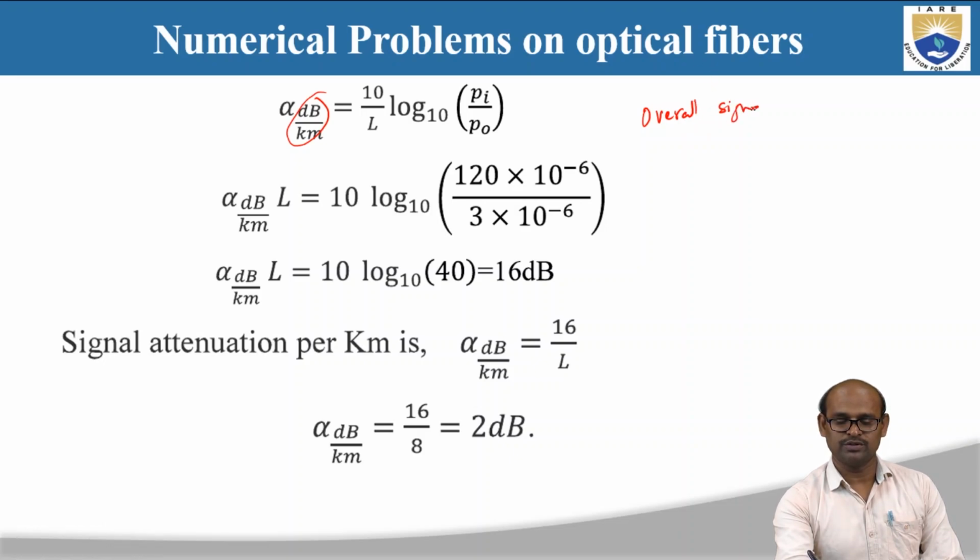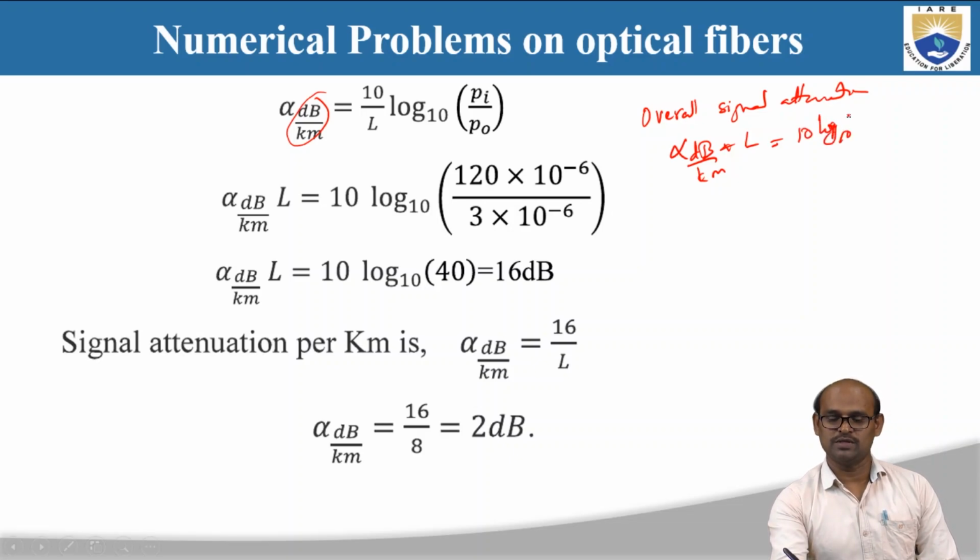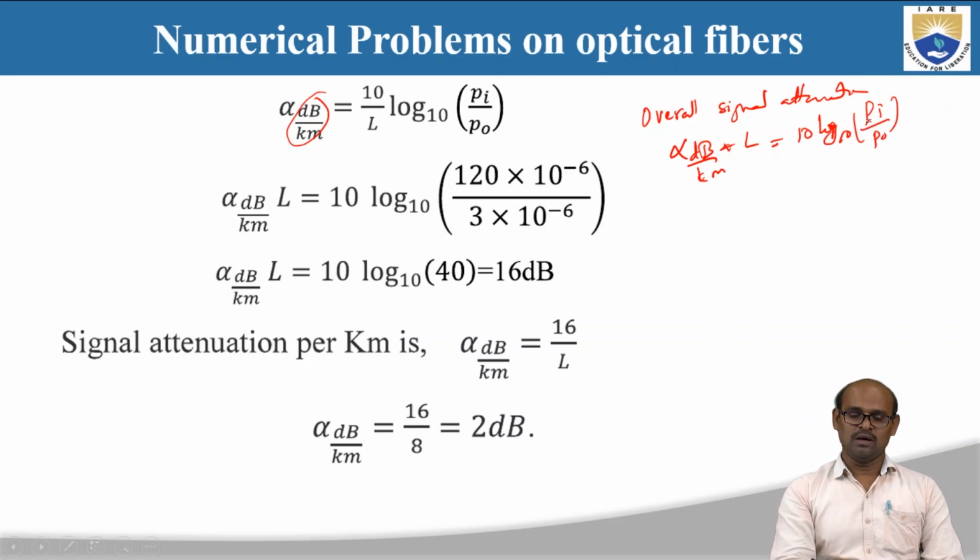the overall signal attenuation is alpha decibels per kilometer into L, which is equal to 10 log 10 Pi by Po. This is not the natural logarithm, it is log 10. So input power divided by output power.